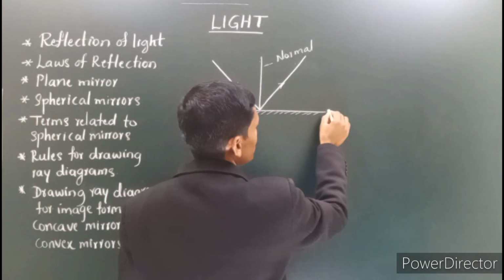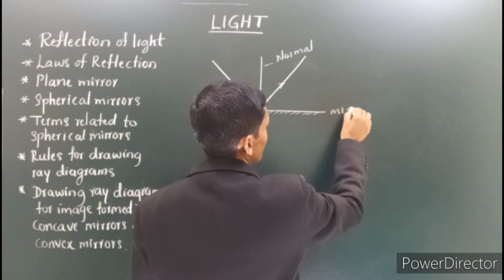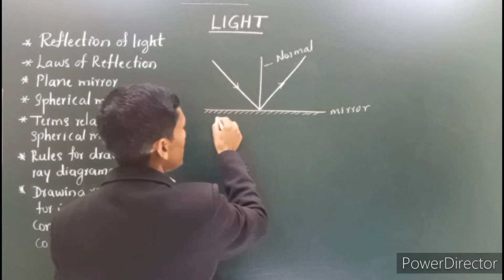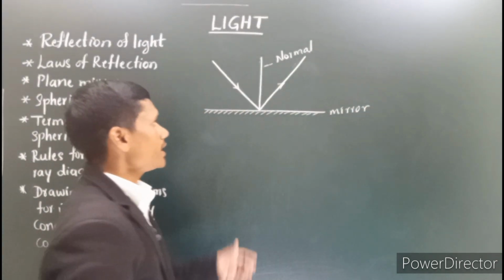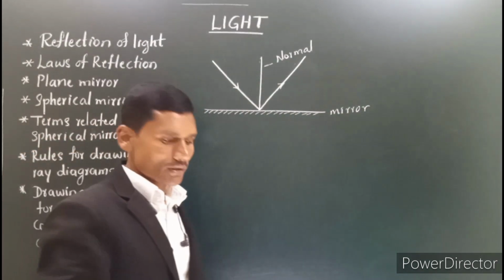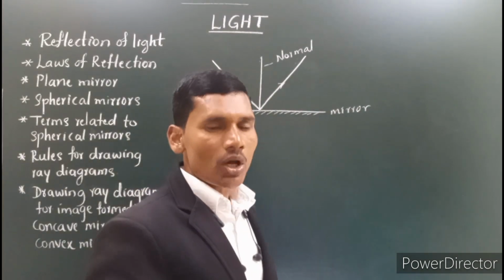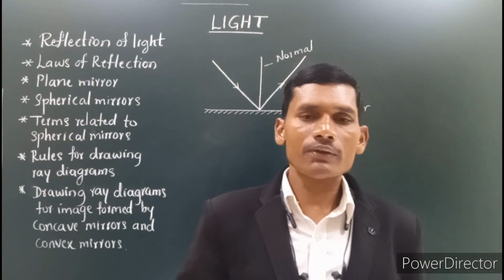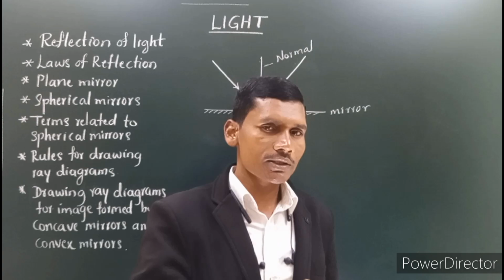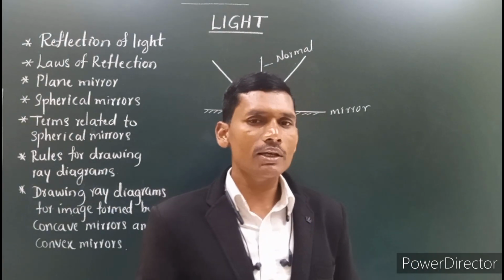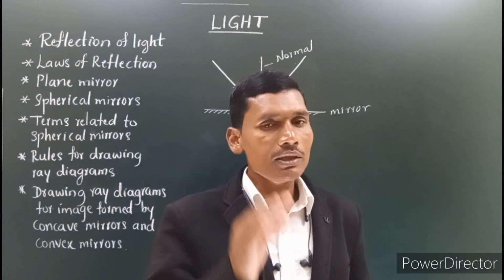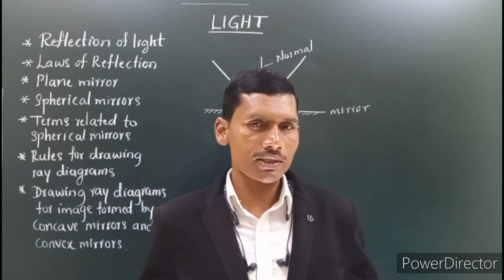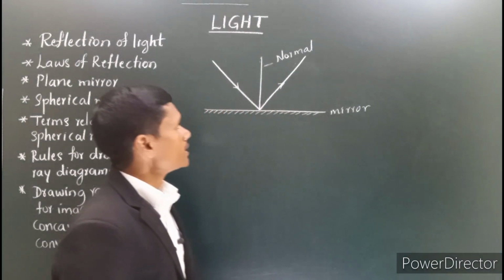This upper line denotes the polished surface and the lower lines denote the rough surface. We can consider this as a mirror. It may be a mirror or any polished surface. When light rays are incident on that surface, they bounce back from that surface. This phenomenon is called reflection of light, as you have already studied.